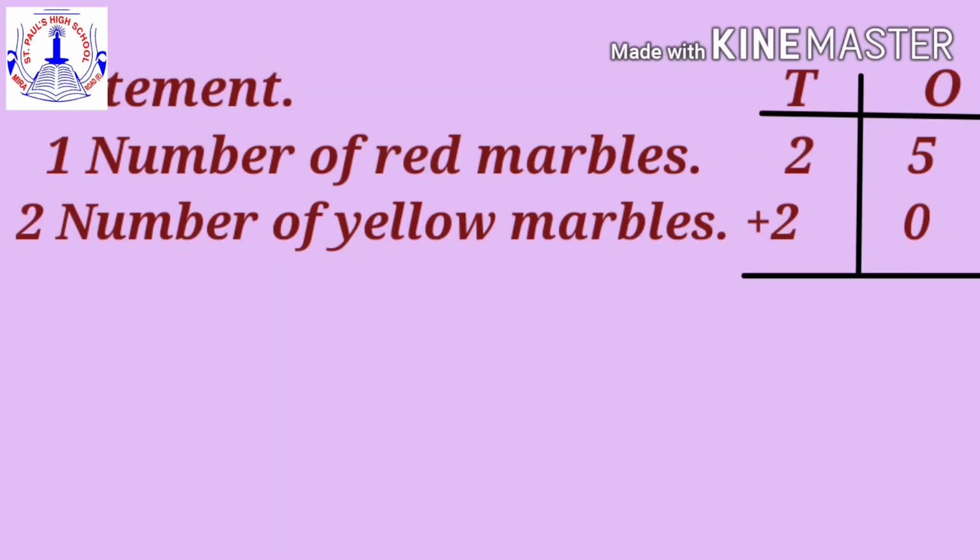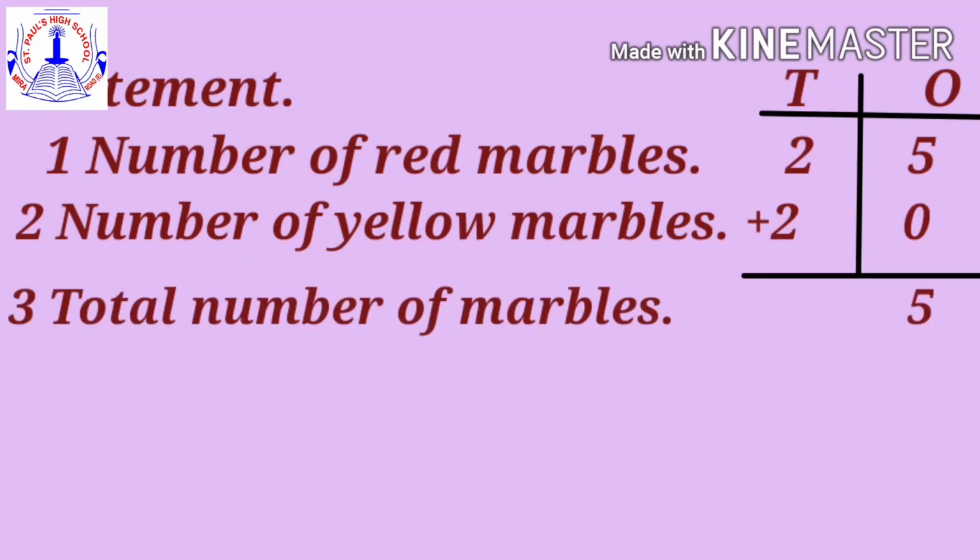So, students, first we need to write the third statement, that is total number of marbles. First we need to add the units. So 5 plus 0 is 5. So we have written 5 over there. After that, we need to add the tens place. So 2 plus 2 is 4. Very good. So the answer is 45.